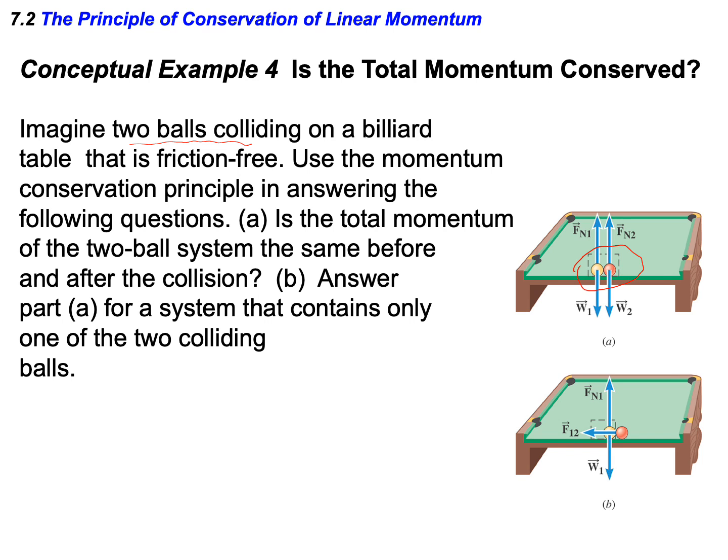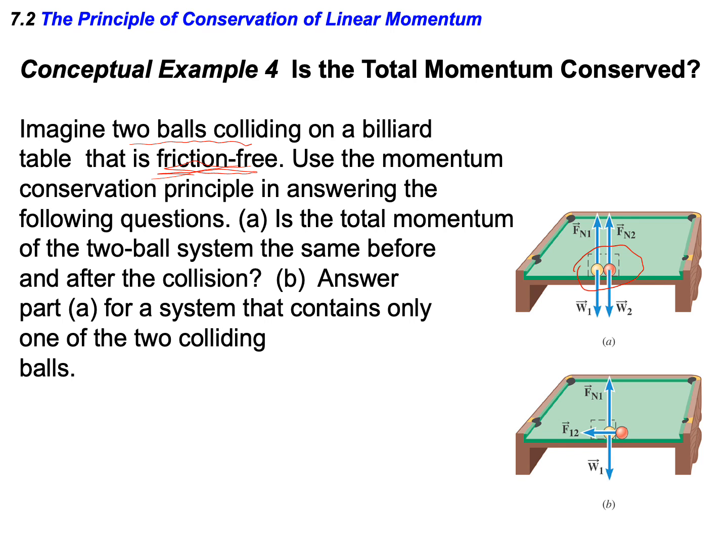In addition, it says the collision is on a billiard table that is friction free, which means there are no external forces. So therefore we can use the conservation of momentum, which says the final momentum is the same as the initial momentum of the system. So the total momentum of the two-ball system is conserved, and the momentum before and after the collision is the same.